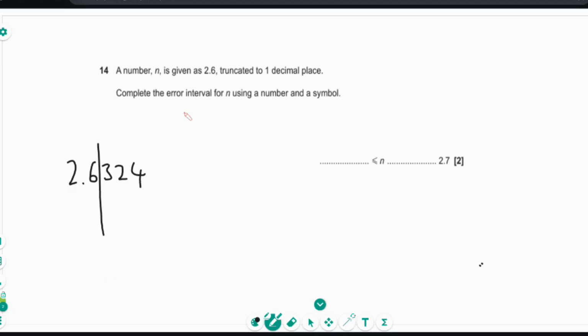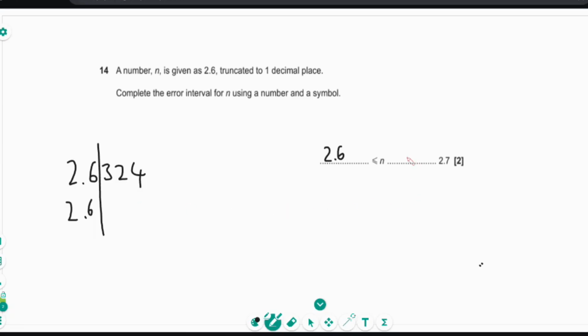So when we complete this error interval, we want the smallest decimal it could have come from on the left hand side. 2.6 is the smallest thing it could have come from. I could add anything here, but as you can see, the smallest thing would just be 2.6, 2.60, which is the same as 2.6.